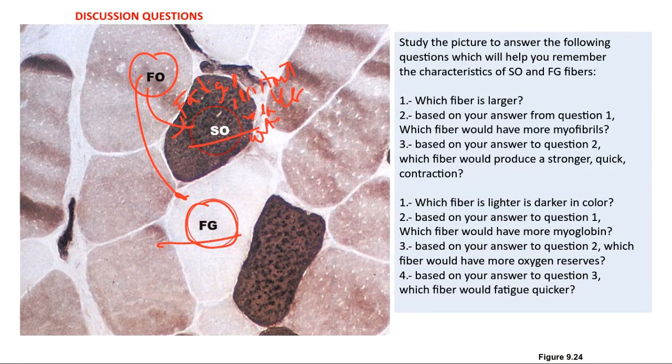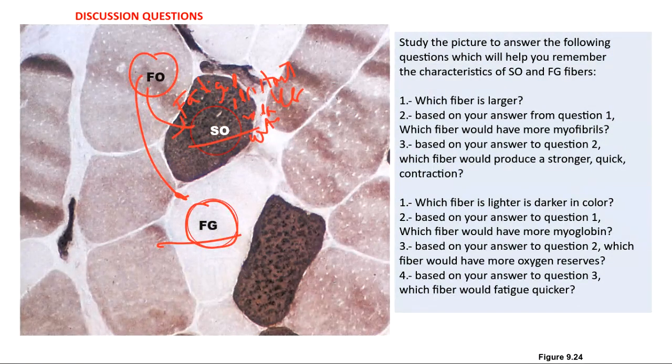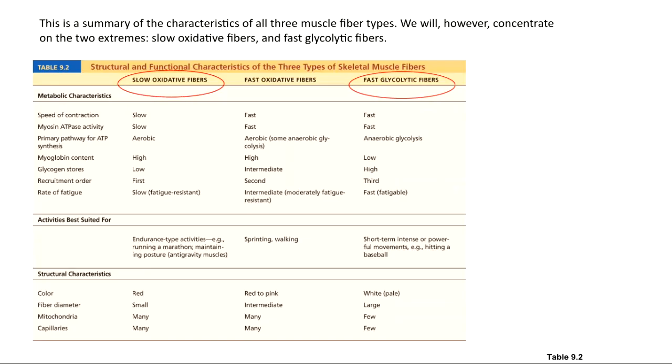So yes, you do need to know the characteristics of these fibers and be able to compare and contrast them. And for that, again, we have this table right here. So you can see that the slow oxidatives are smaller, fast glycolytics are faster. That is because the slow oxidatives can use aerobic respiration, so they make a lot more ATP, versus the fast glycolytic, which have to use fermentation, which makes less ATP.